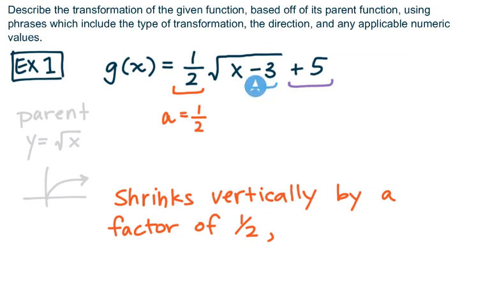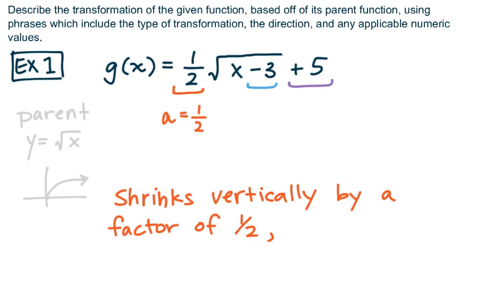Next, we will look at this minus 3. Again, focusing on location and operation. The location is that it is inside the square root with the x. Inside lets us know horizontal, and it also lets us know to be on the alert that it's probably going to do the opposite of what we think. And the fact that it's added or subtracted, but subtraction is addition, lets us know it is a shift.